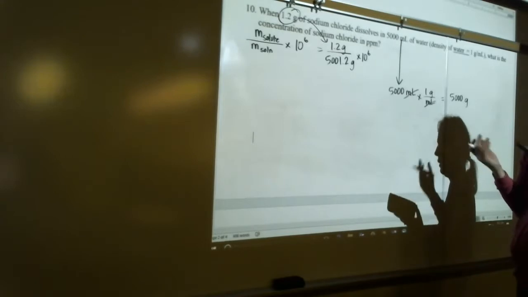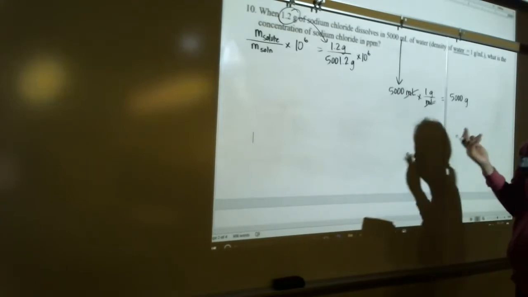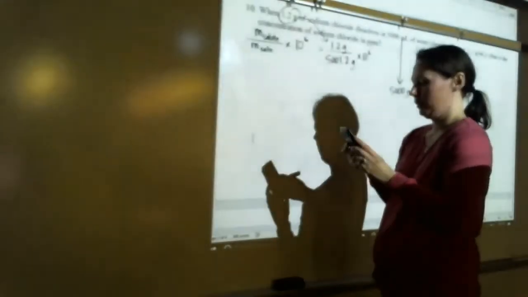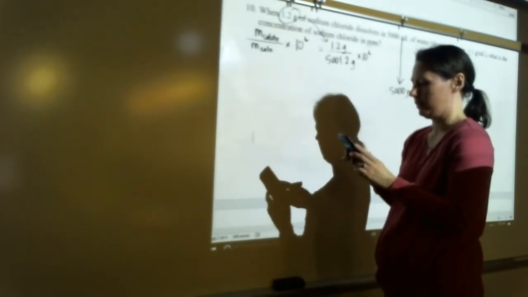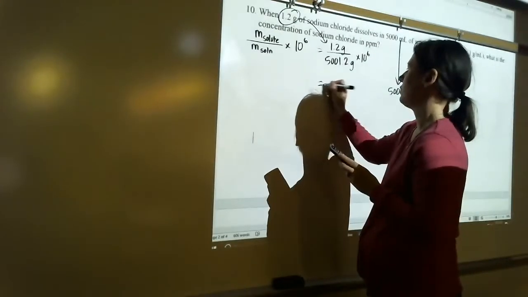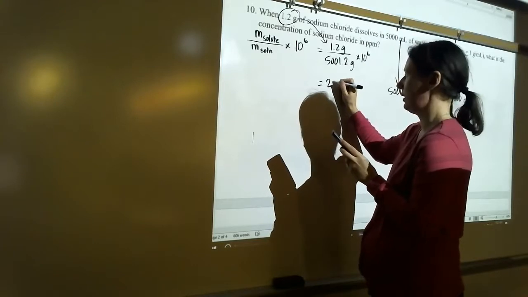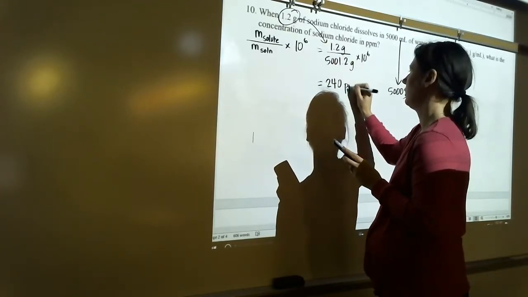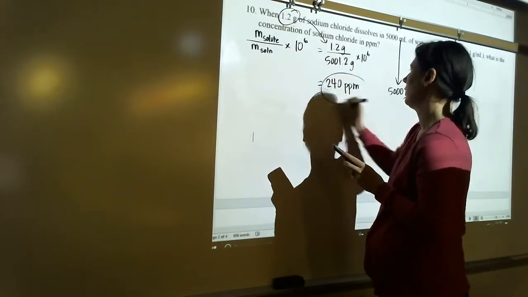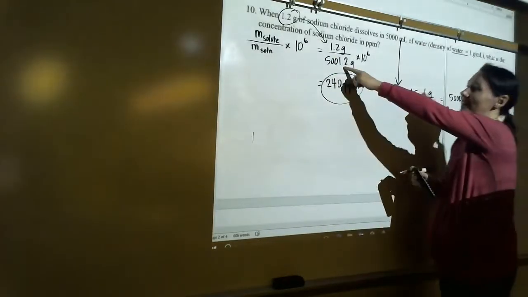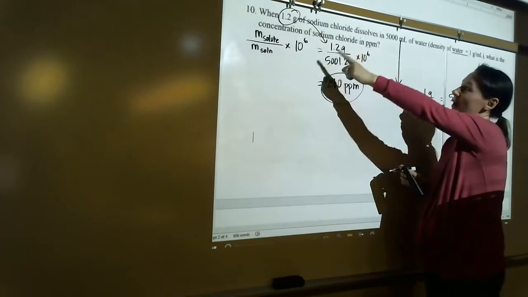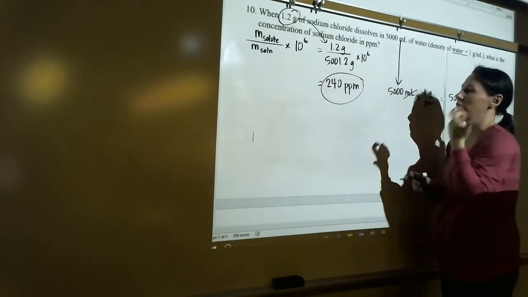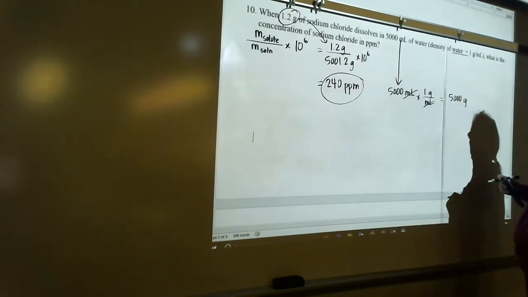You only get to keep 2 sig figs, so your answer will not make a difference. Times 10 to the 6th, that gives you an answer of 240 parts per million. So what I'm saying is if you forgot to add that 1.2, once you round your final answer, it wouldn't make a difference anyway.